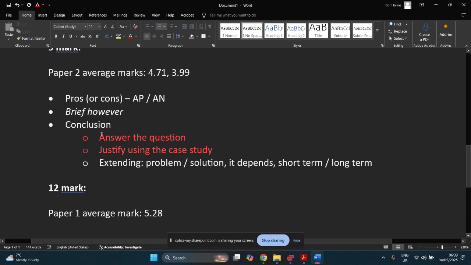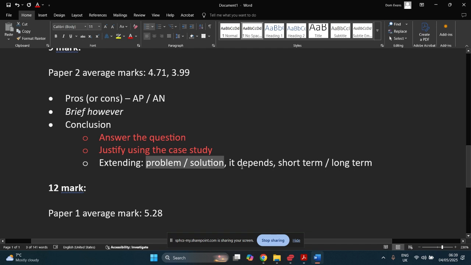A very solid conclusion will simply answer the question and justify it using the case study. However, if you want to push on, there's a couple of methods you can use. You're not going to use all of these, but one method you could use is you could answer the question, justify your answer using the case study, and offer a problem with your recommendation, but say why, despite that problem, you think it can be solved, or you think that your conclusion still stands.